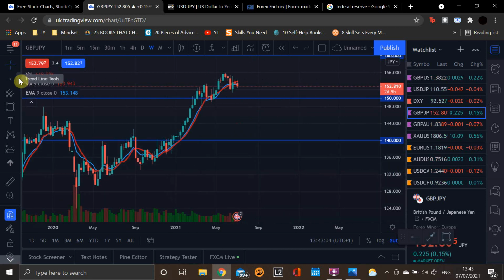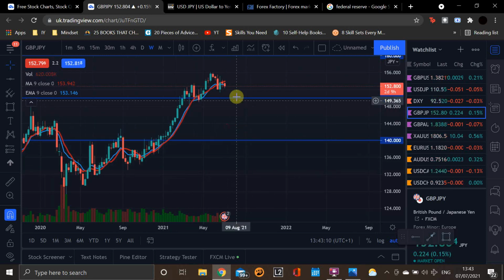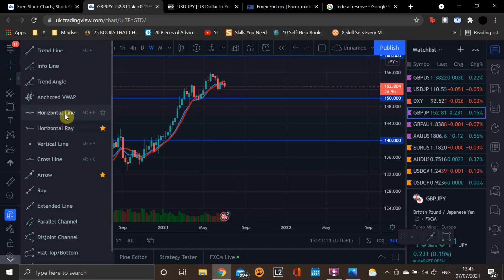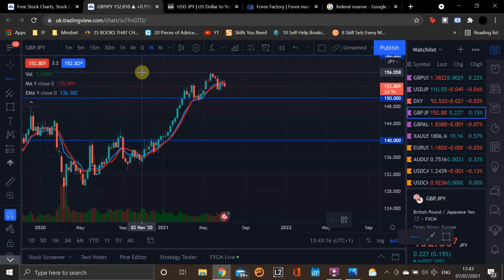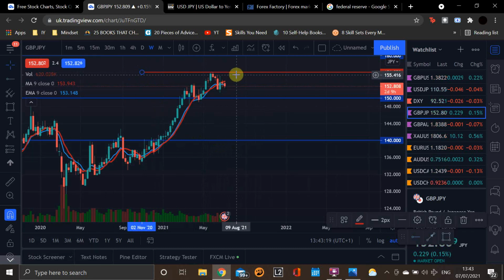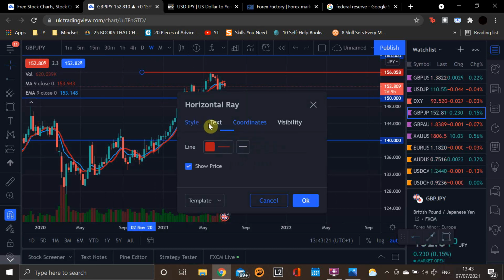Do I want to mark this area? It does kind of look like an important point, so I'll put a ray here. Just there, I'll make it blue.